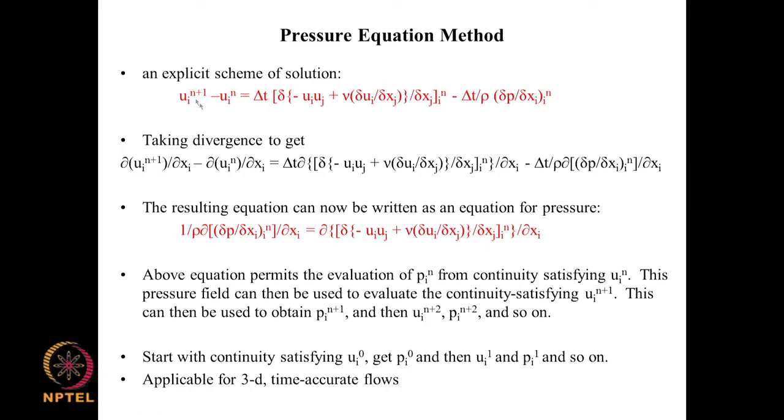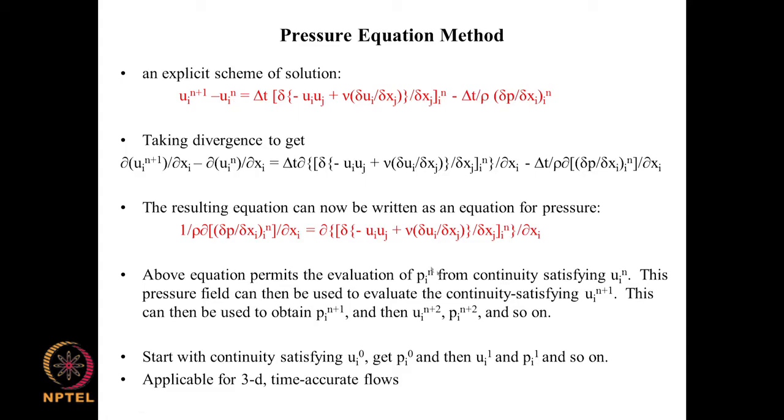So once you get u_i^(n+1), you can put this on to n+1 here and then get P_i^(n+1). Once you get P_i^(n+1), you can put this on to this, you can get u_i^(n+2), and then you come here to get P_i^(n+2). So in that way you can use these two equations alternately to get u_i^(n+1) here.